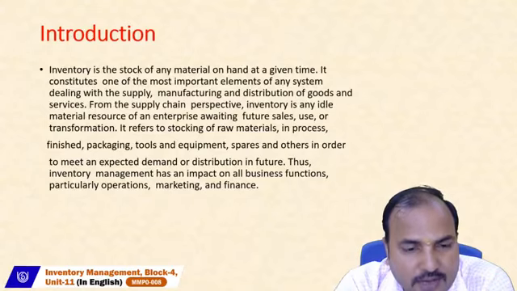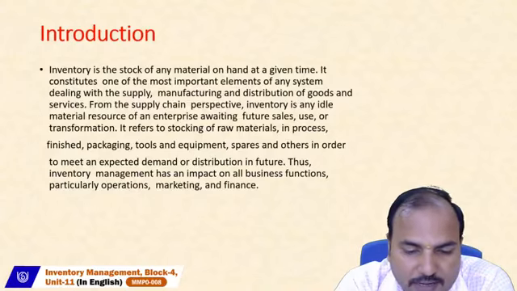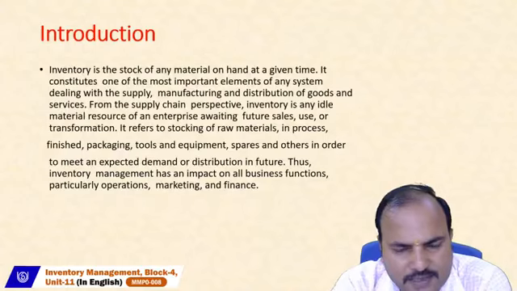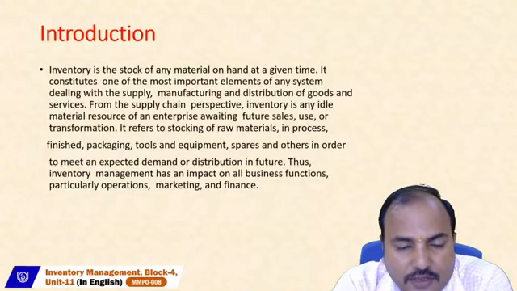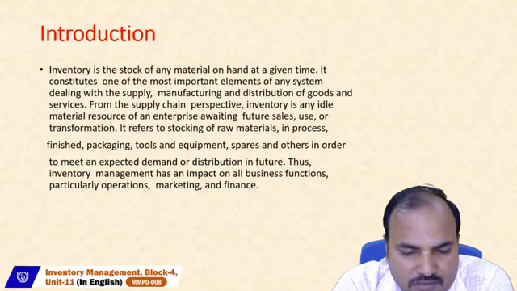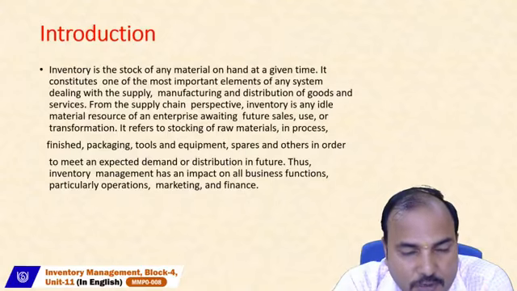Another key component is forecasting. You can predict the future inventory need based on sales data. How can you predict? You have to take the track record of past performance. Then inventory valuation is also required.